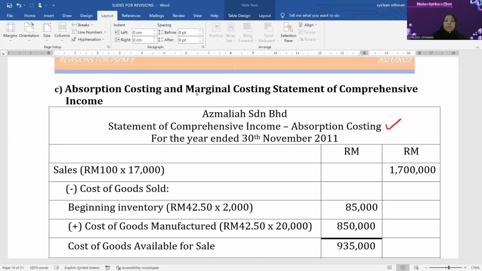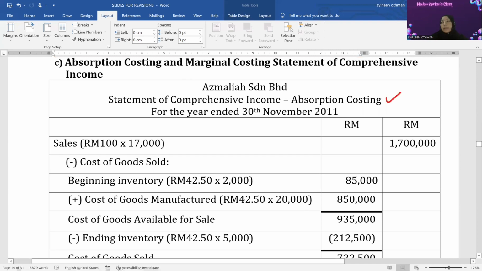If monthly, for the month ended, that means the fixed cost that is given for the whole year needs to be divided into 12. But if for the year ended, you can just pick the figure and straight away put into your statement. So sales, we take the units given in the question earlier, multiply by the price. You get the sales amount.